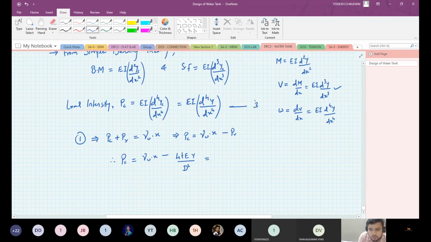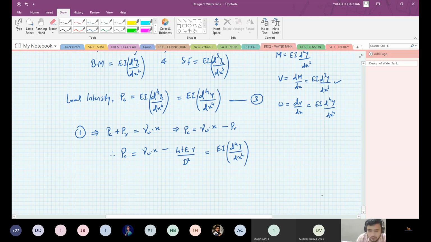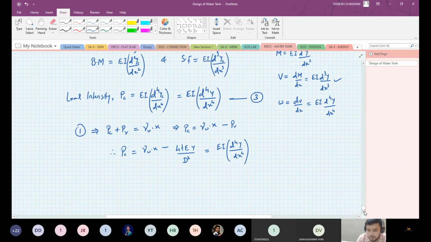Let this be number 3, because here PC is equal to EI d to the power 4 y by dx to the power 4. Now we can arrange this in the form of d to the power 4 y by dx to the power 4.